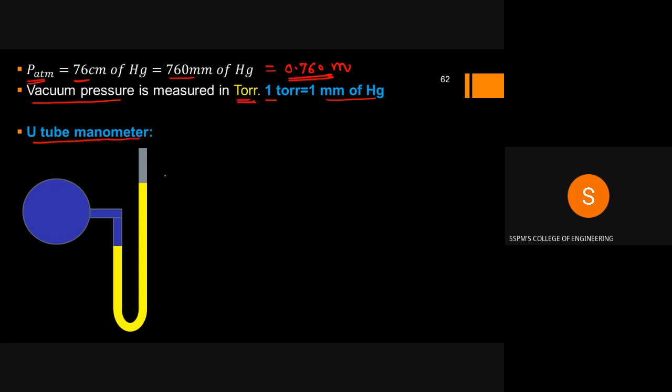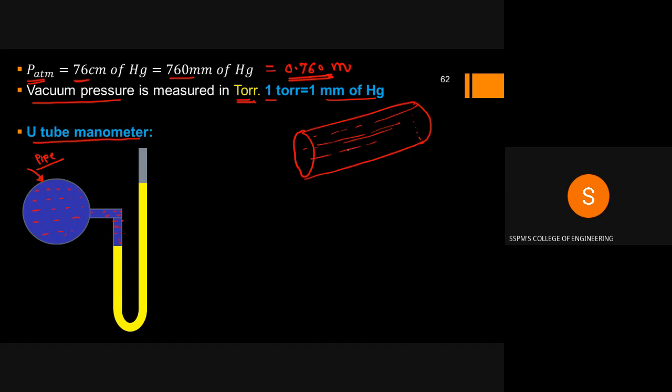Here you can see this is one cross section of the pipe, and there is a liquid flowing in that pipe. This is in three dimensions.